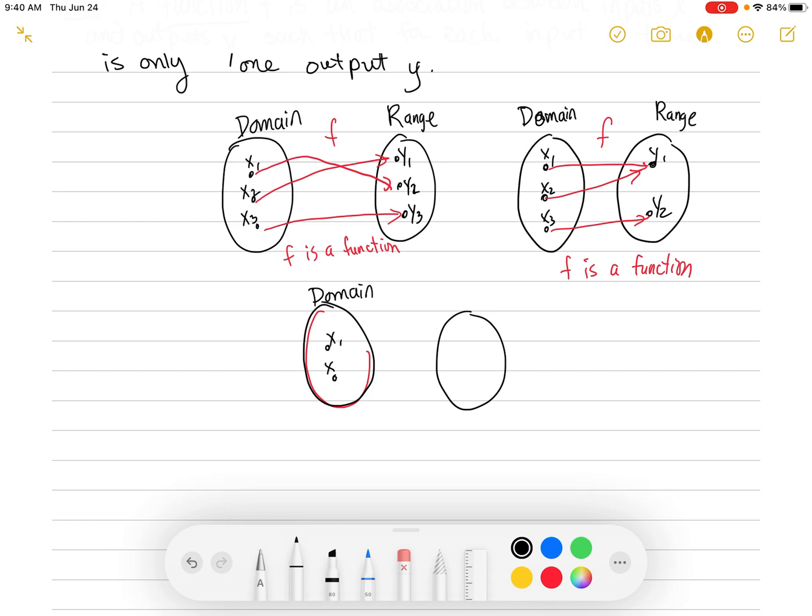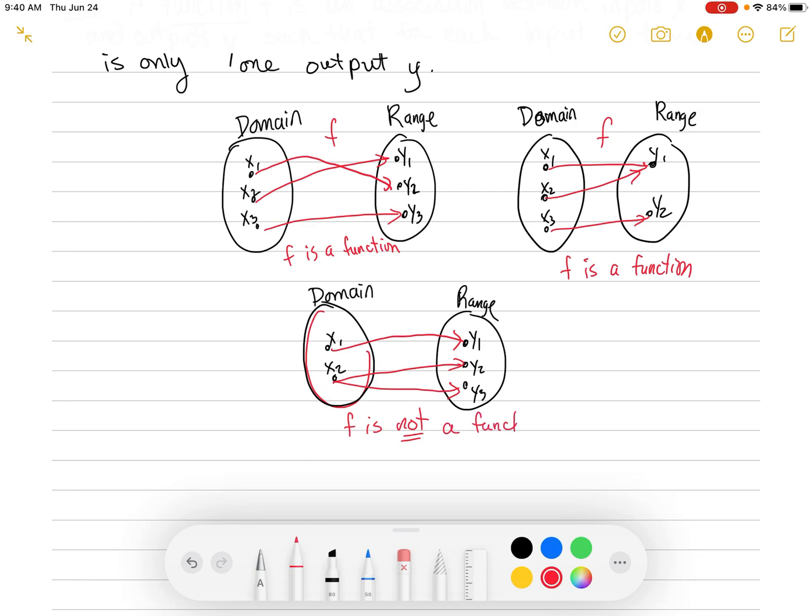Let's do an example of a diagram which would not represent a function. Here we have domain, x1 and x2, let's say, are our inputs, and over here, let's say we have our range, y1, y2, and y3. And let's say the arrows of association go like this.